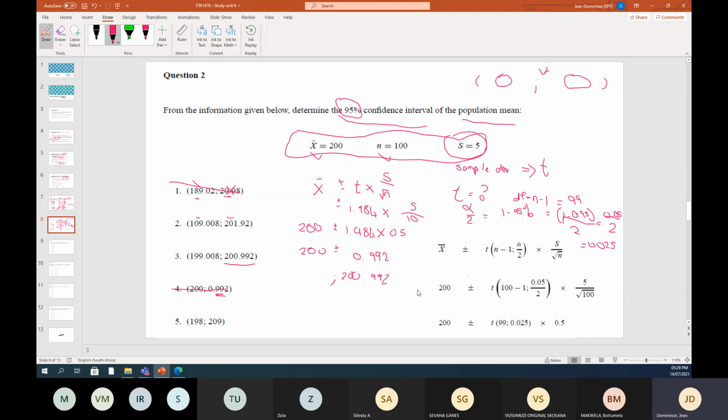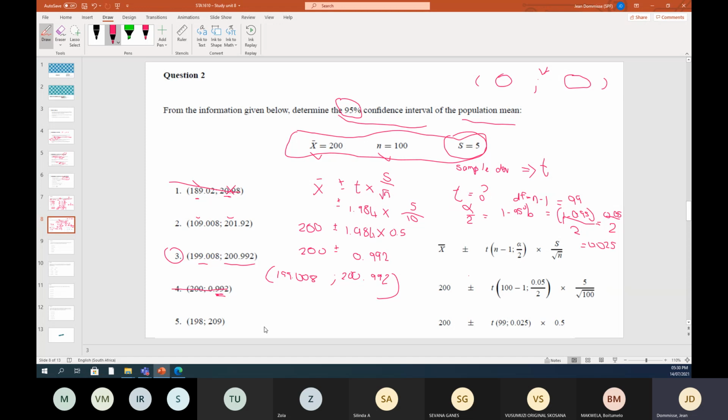And then 200 minus 0.992 is equal to 199.008, which is that one. So option 3 is the correct answer.